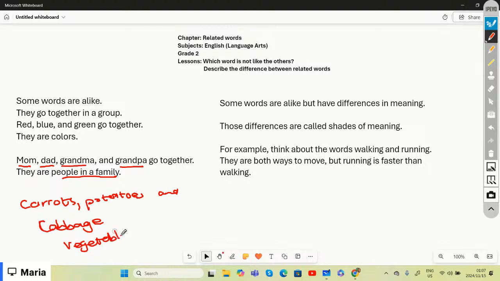Or even if we were to use fruit, then those words go together because they are words that are alike, and like we said over here, we have red, blue, and green that go together and they are colors. Another word is related words. We call them related words. They are alike. They are related to one another.